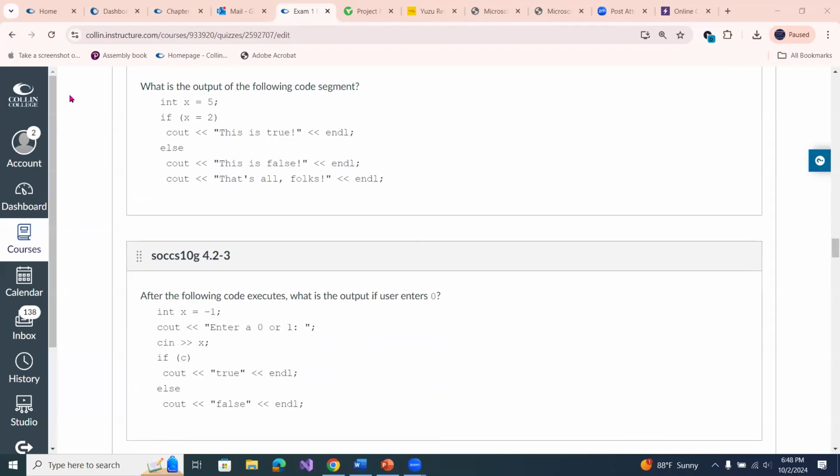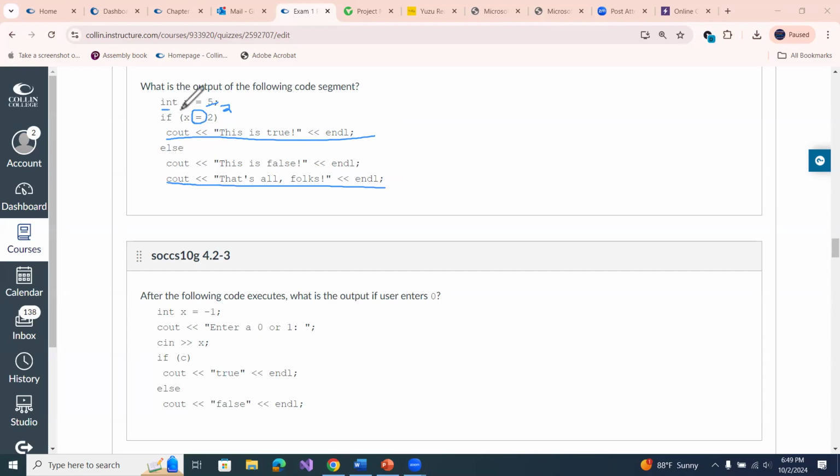What is the output of the following code segment? X equals 5. Oh gosh, again, they just put one equal sign. So again, one equal sign will assign 2 to X. So X now is a 2. It's going to print out this line. It's not going to print out this line right here, but it will print out this line also.